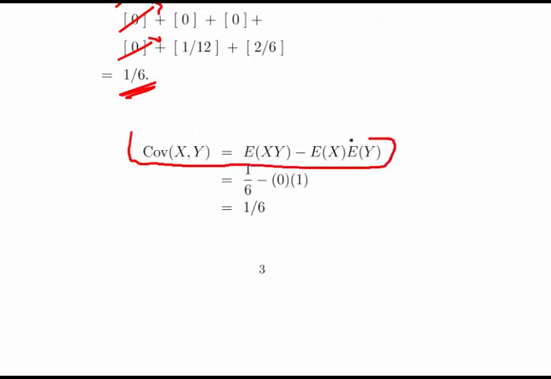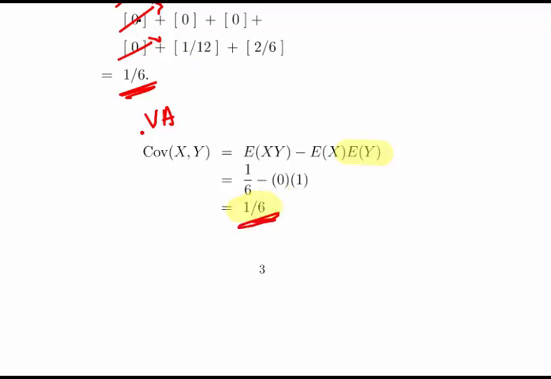This is very similar to the formula I discussed previously, the one I didn't use, related to the variance. Covariance of x and y is the expected value of x times y minus the expected value of x times the expected value of y, and it works out to be 1/6 minus 0 times 1, which is 1/6.